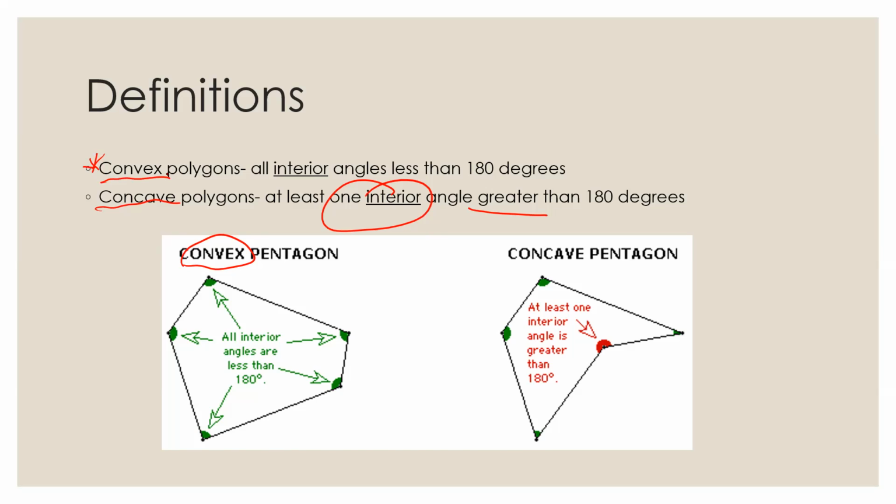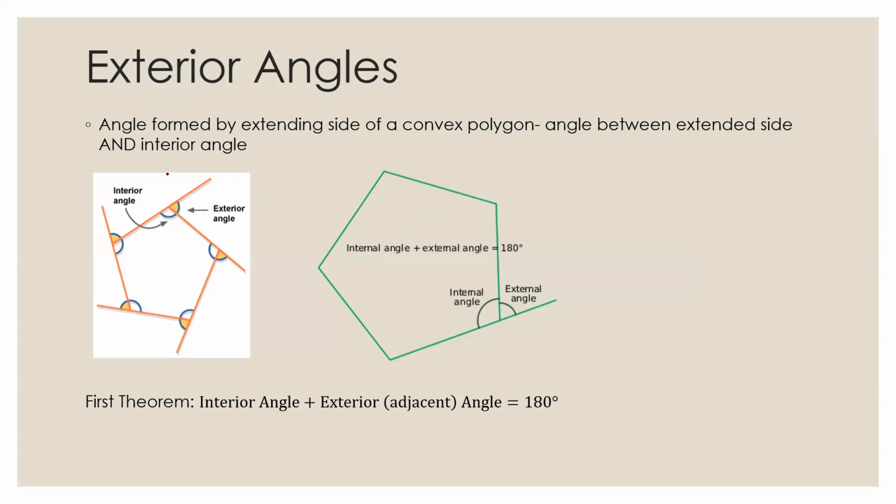Okay, so convex polygons. Another important definition is exterior angles, and I think we briefly saw this in the first lesson of this unit. An exterior angle is the angle that is formed by extending the side of the convex polygon.